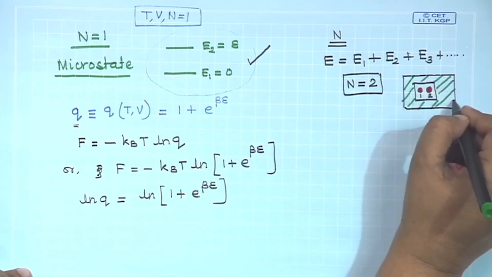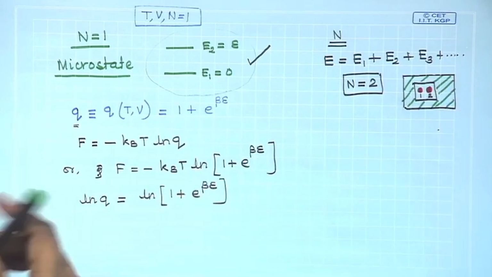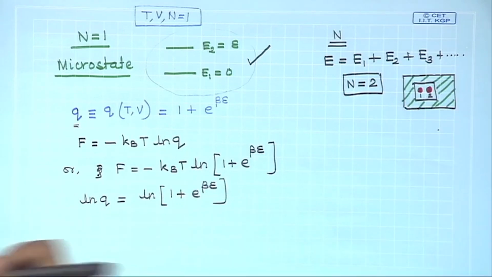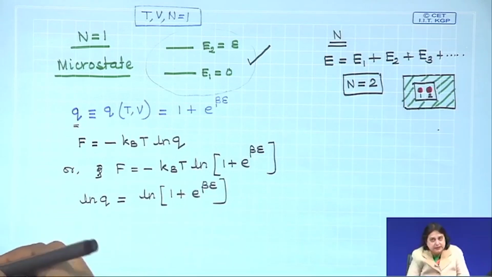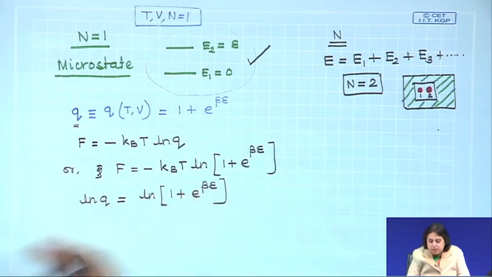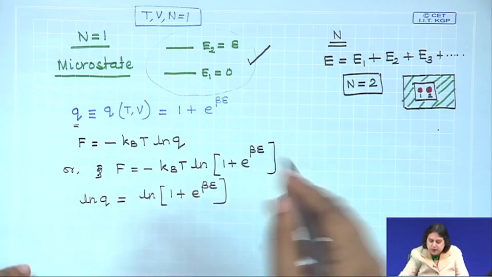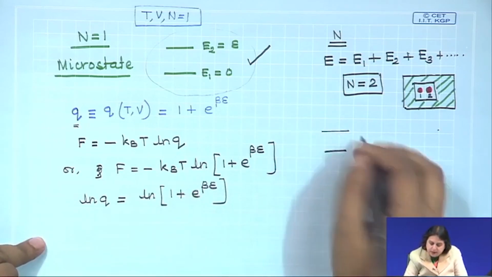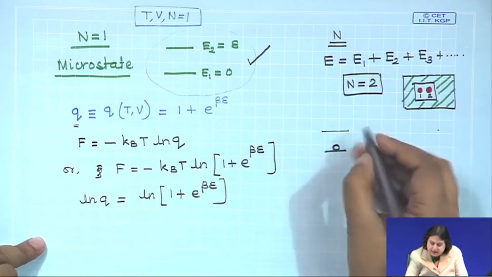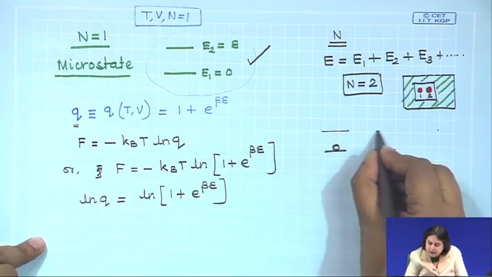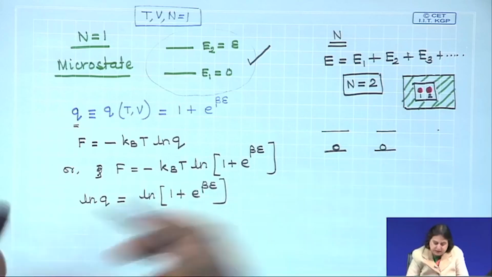Now, my question is, as you understand, there may be many different states in general. So, in this case, what are the different states? One of the typical states would be particle 1 in the lower energy state and particle 2 also in the lower energy state.